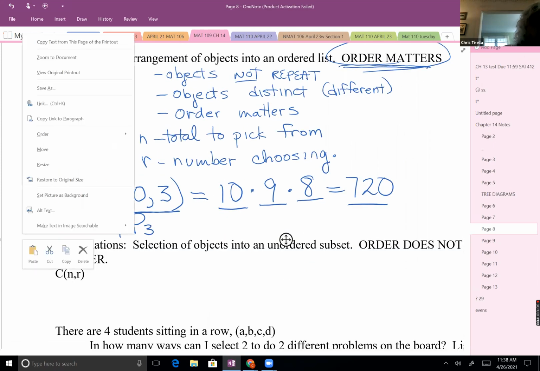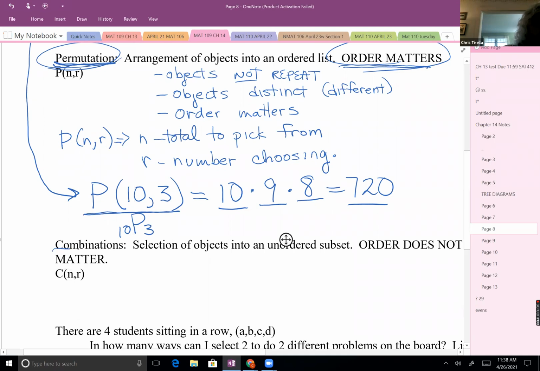You also hear about a combination. Combinations are selections of objects, and so the objects here also cannot repeat. The objects have to be different, so they're distinct.